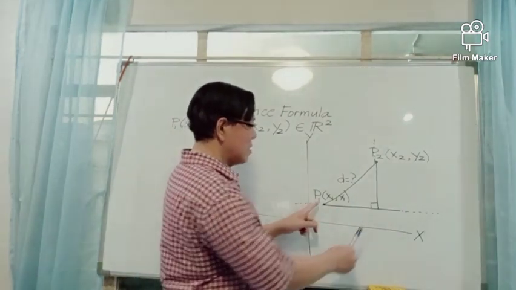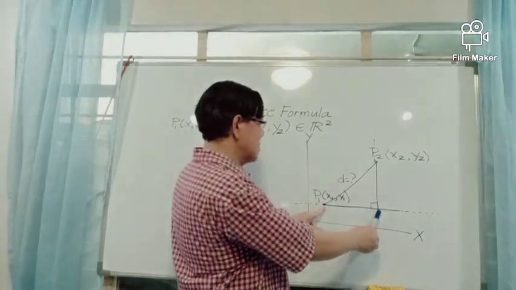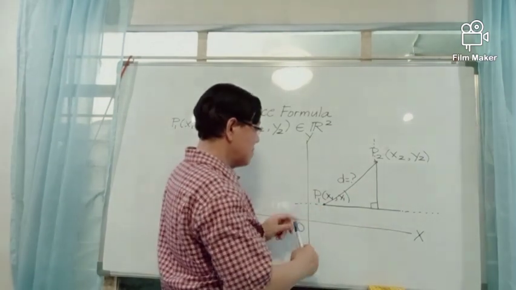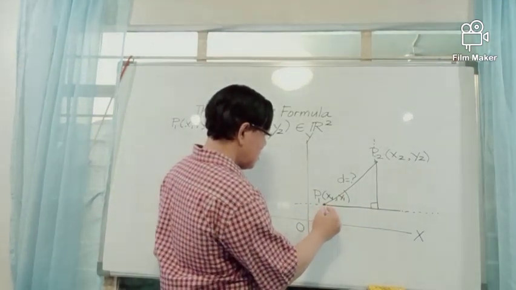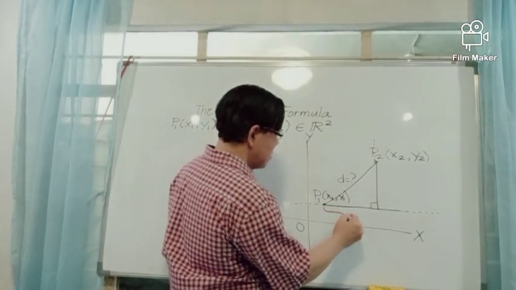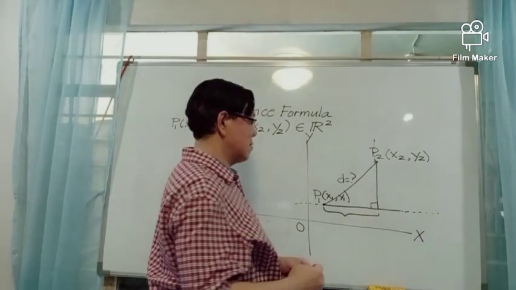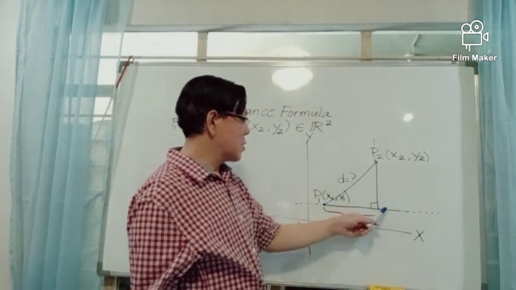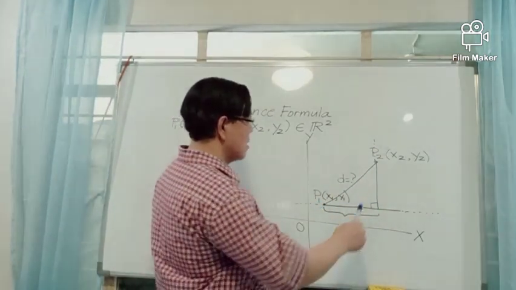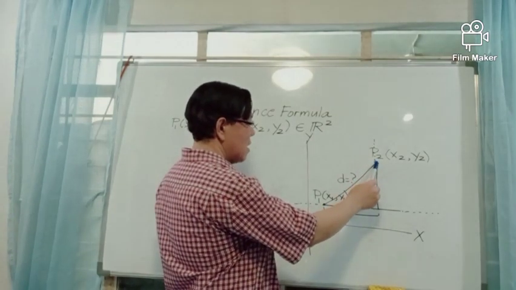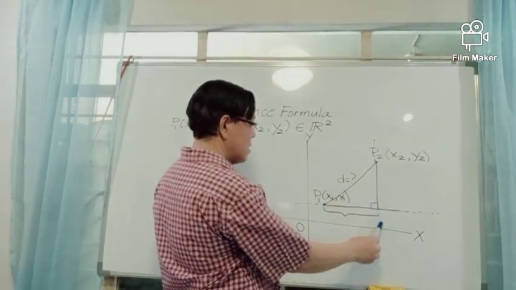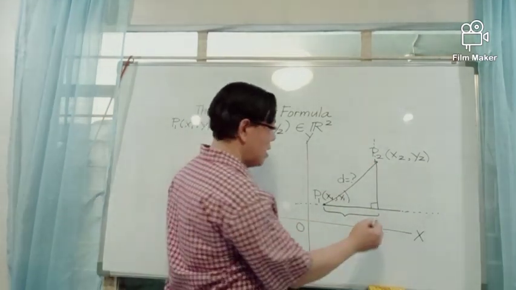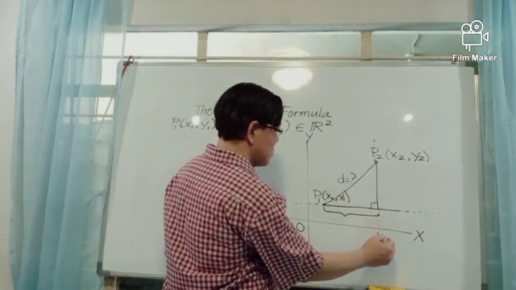We start with this leg. We find the length of this leg of this right triangle. We find the distance from this point to this point of intersection of this vertical line through P2 and the horizontal line through P1. You can see that the abscissa of the point P2, x2, is the distance of P2 from the origin, and it is given by x2.